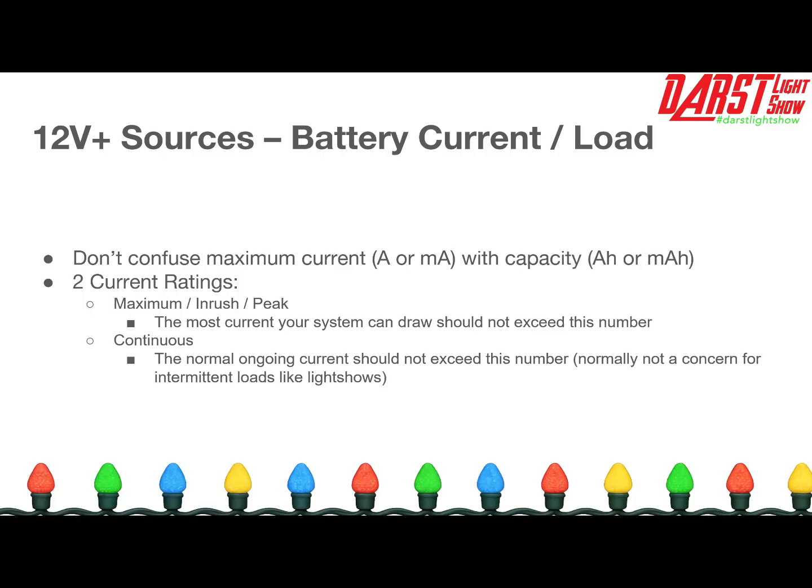So getting up to 20 amps one time isn't going to cause you damage. So continuous is how much ongoing current can be handled by the battery. So if it's continuously ongoing at 18 amps, the battery would be fine. You're not going to damage it in an overload type condition from that continuous power usage.